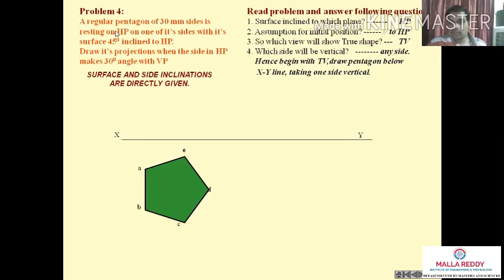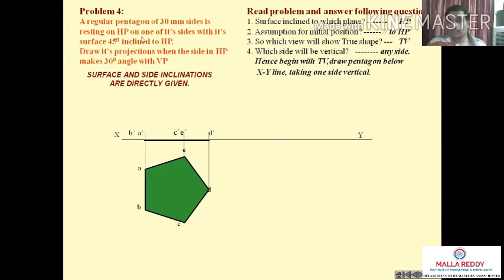Since this is resting on the horizontal plane, the projection of this plane will be on the XY line. The second step will be on the XY line. We can see a line, the distance of the line, A dash, B dash. So this is the plane we are going to get in the second step. This plane will be inclined at 45 degrees to the horizontal plane, which is given in the problem.